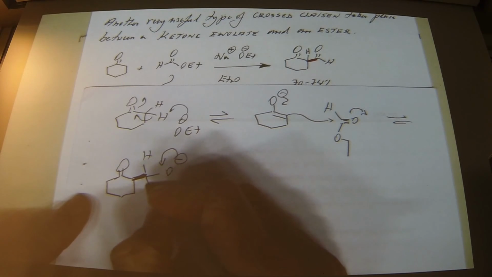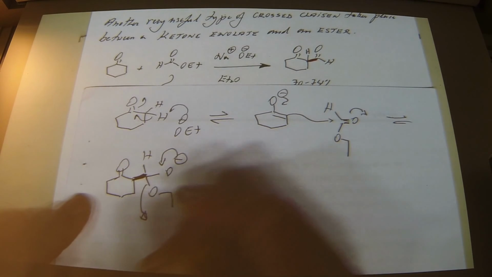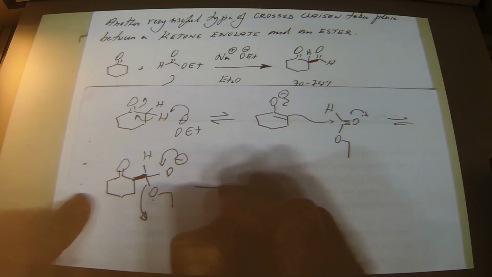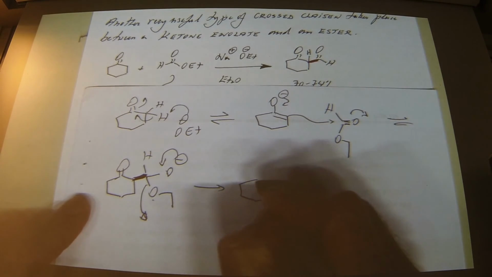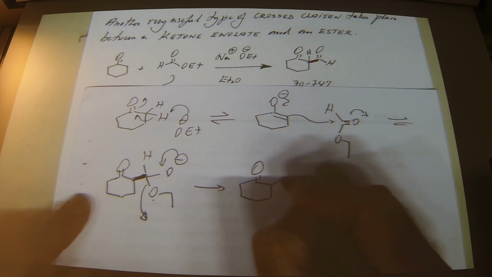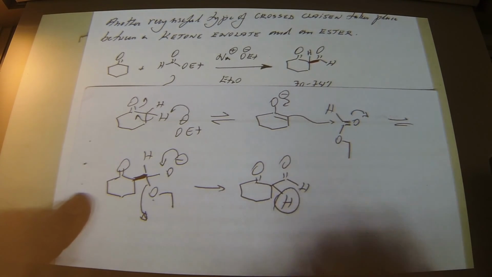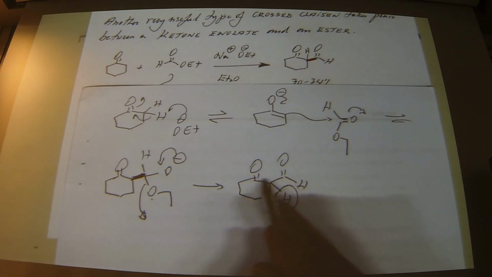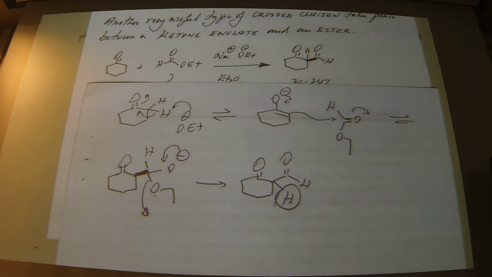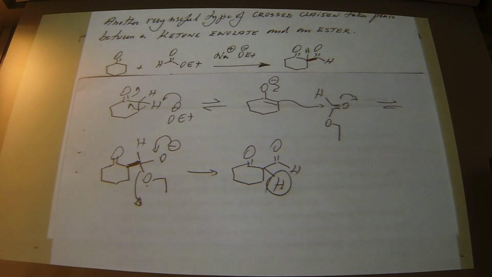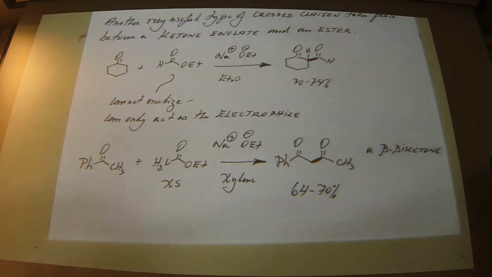That tetrahedral intermediate collapses the way they always do when there's a leaving group. And at this point, it's irreversible because I now have a very acidic proton here. That acidic proton gets removed, and I form an enolate as the initial product. So these mechanisms I want you to do by yourselves, not copying it off the book.